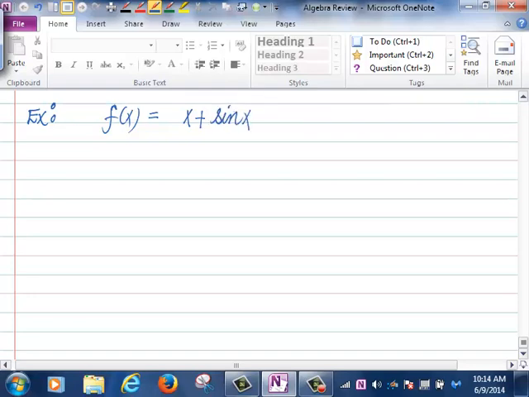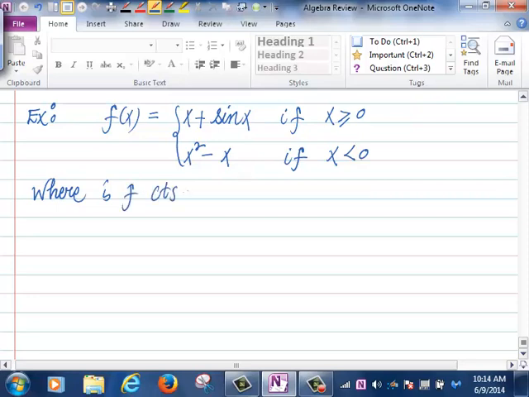It is x plus sine x when x is larger than or equal to 0, and then it is x squared minus x if x is less than 0. This is how the function is given. The question is, where is f continuous?